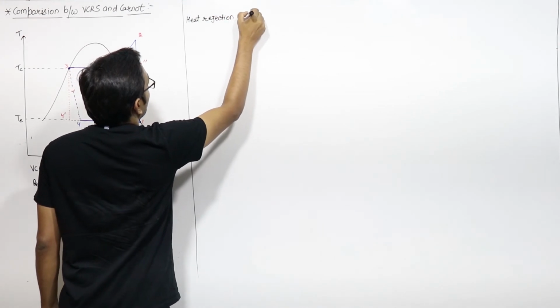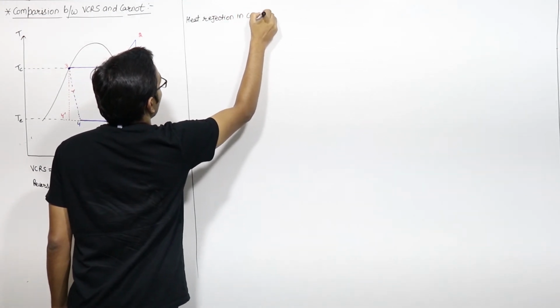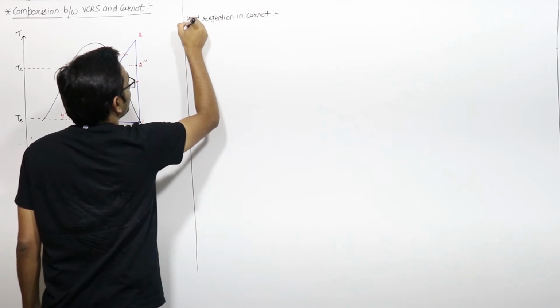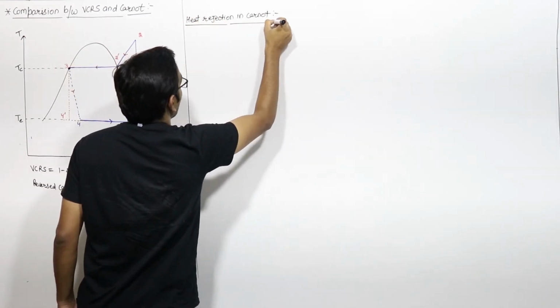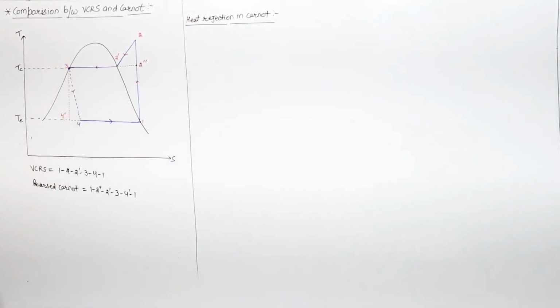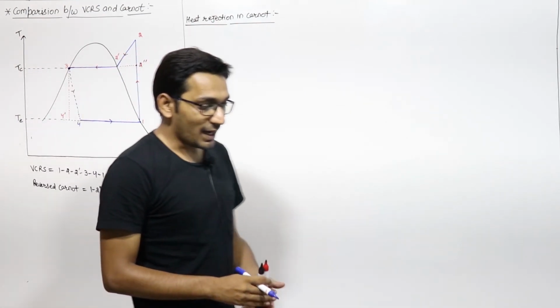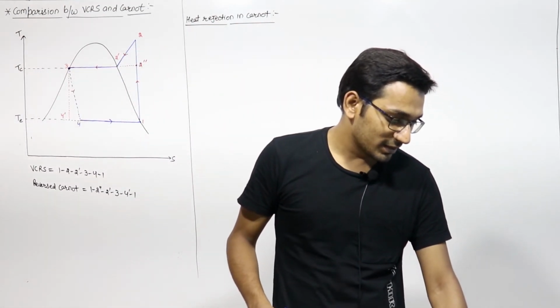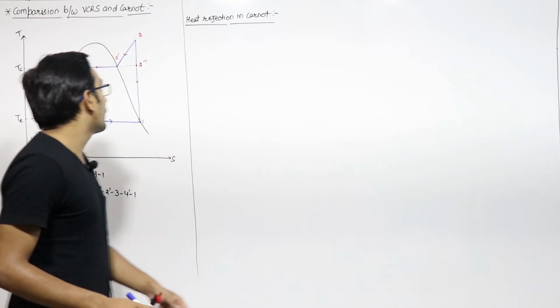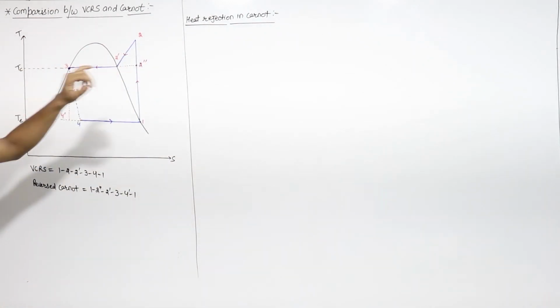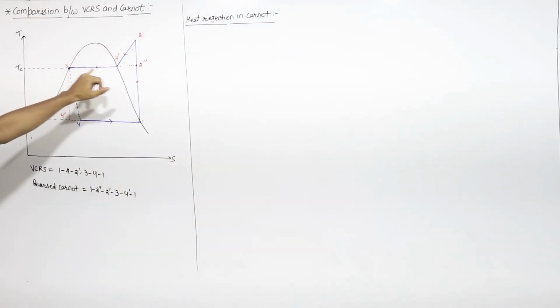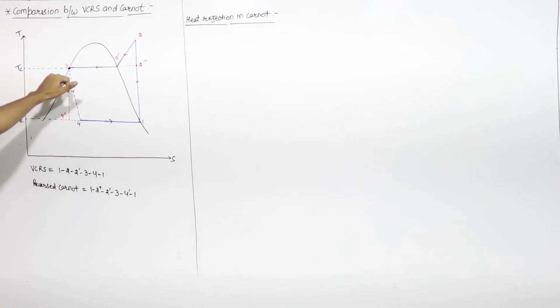in the reversed Carnot cycle. Heat rejection in the reversed Carnot cycle. So what is the heat rejection? You know that from 2 double dash to 3, this is the heat rejection in the reversed Carnot cycle.